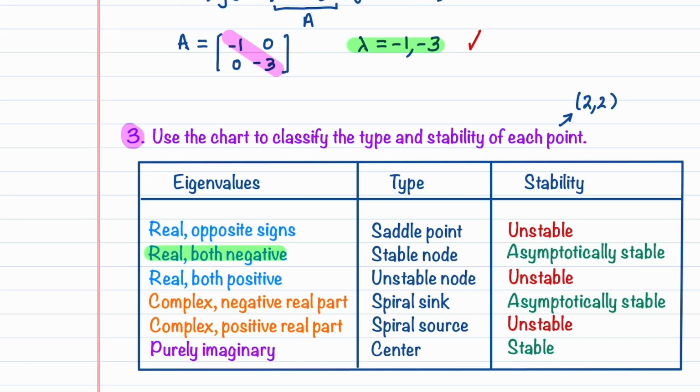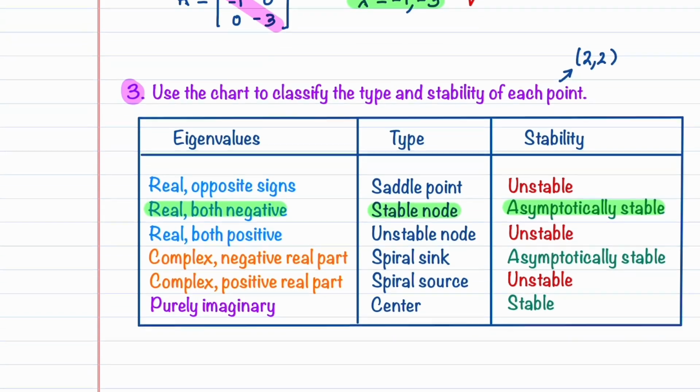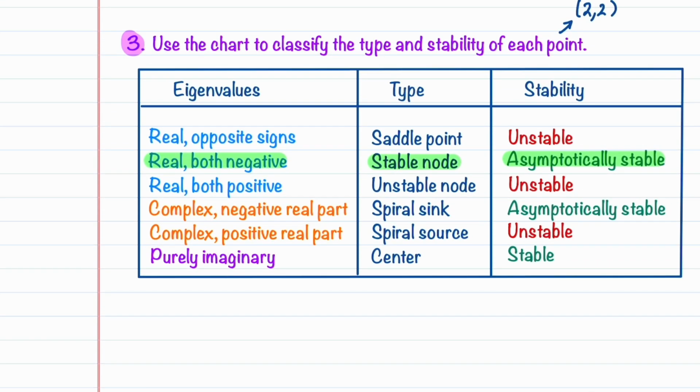That means that our critical point is going to be a stable node, and we say that it is asymptotically stable. That just means that solutions are going to move toward our critical point 2, 2. For our solution, we want to say that our critical point is an asymptotically stable node.